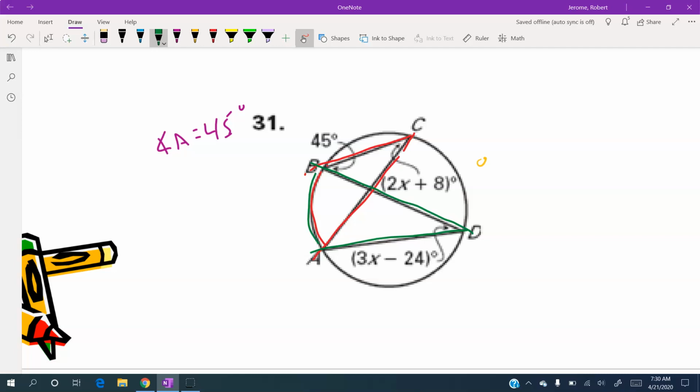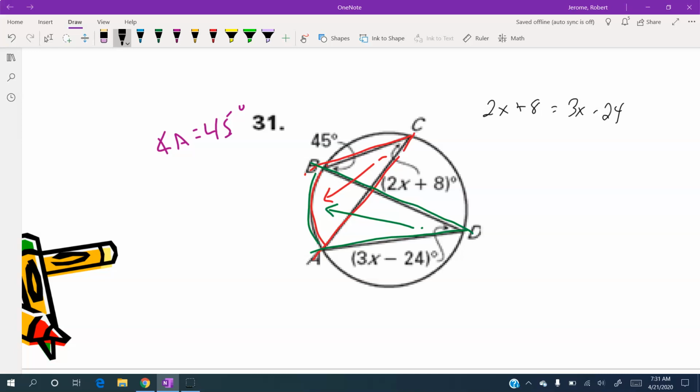So what's going to happen? Both angles produce the same arc. So both inscribed angles produce the same arc. So those angles are congruent to each other. So that's going to be our equation. And we have all the algebra for it. 2x plus 8 equals 3x minus 24.